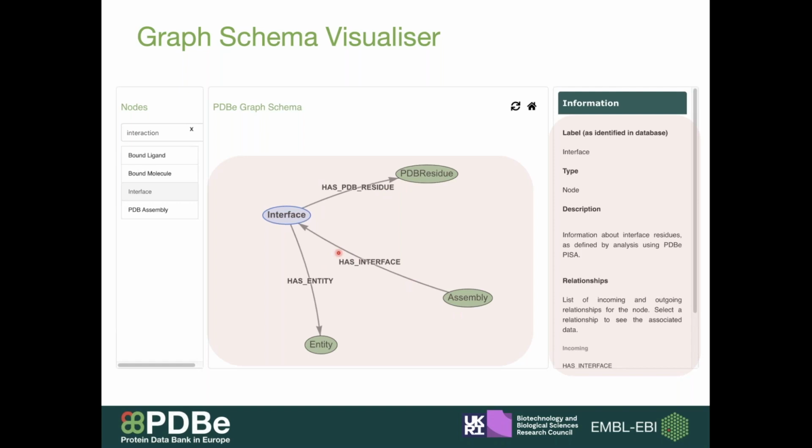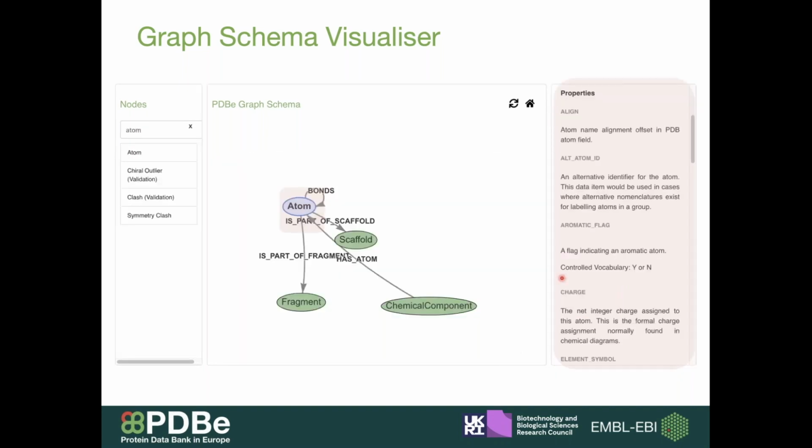The nodes can be dragged and arranged as per the convenience. And in the info box, which is on the right side, details of the interface node can be found. It gives information about the actual label which is defined in the database for this particular node, a description about the node, and its incoming and outgoing relationships.